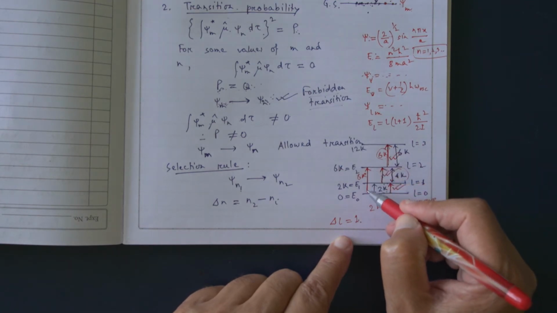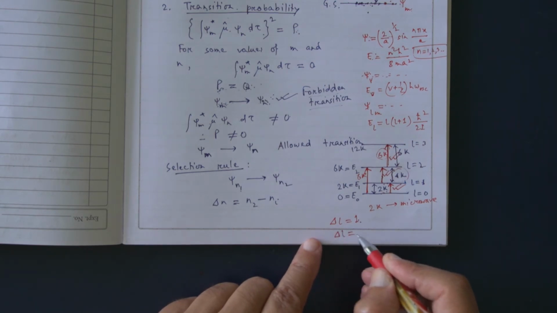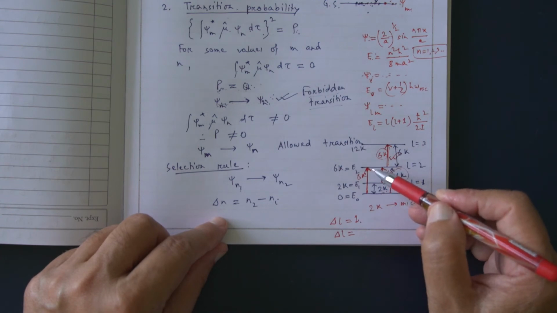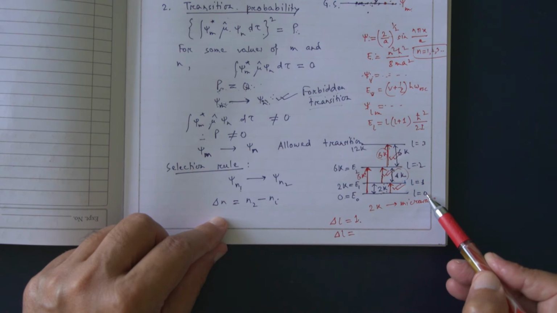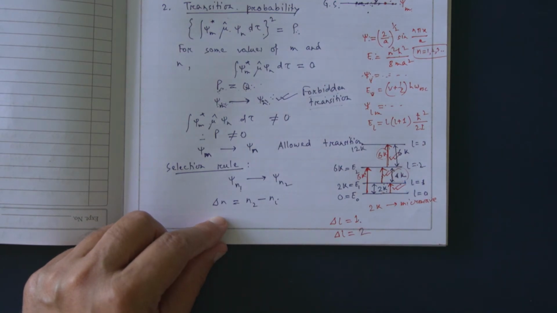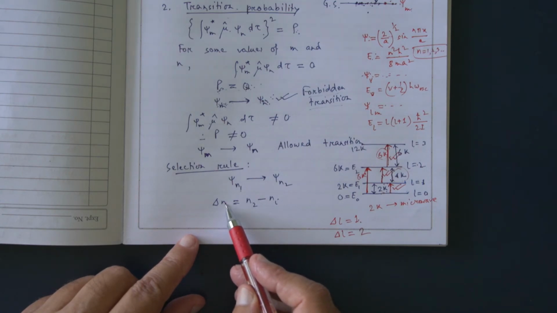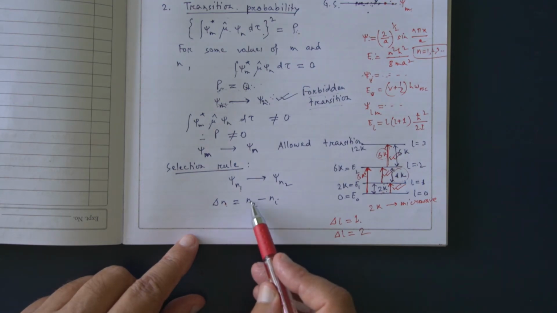But if this transition takes place, what will be the value of del L? Value of del L will be 2 minus 0, that will be 2. Okay. So if I write here L, I can write here L in place of N, because these are the quantum numbers.